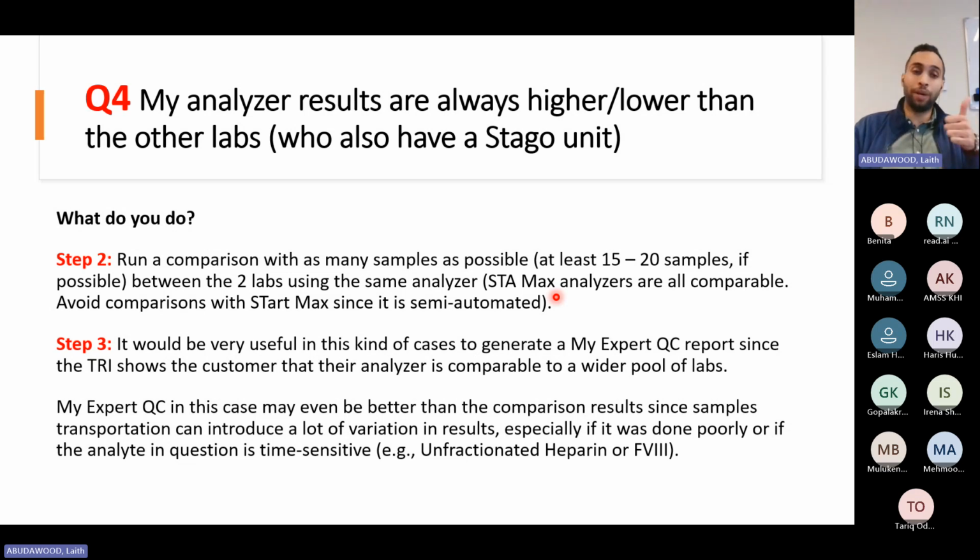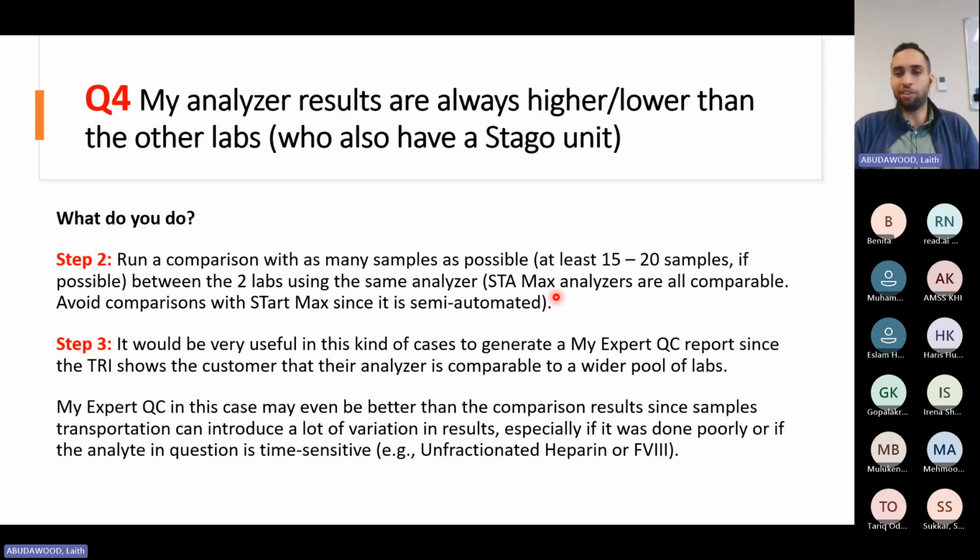If my comparison samples and my expert QC both tell you that you don't really have a significant bias and you don't really have a significant problem with precision, then I have two different data points, or two different experiments, that tell me I am doing well. At this stage, the customer should have more than enough evidence that your analyzer is okay, your reagent is okay, and what you are reporting to your patient is safe. And it's objective evidence. It's not my opinion against your opinion.